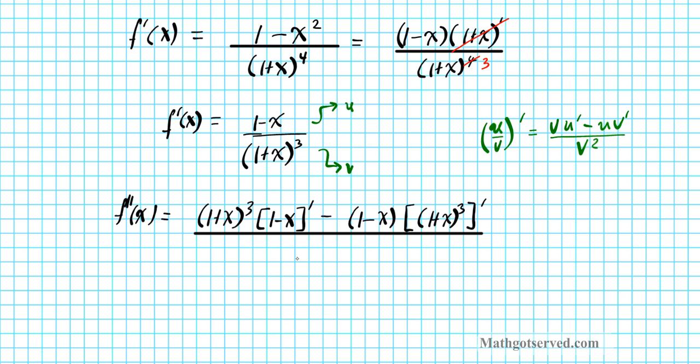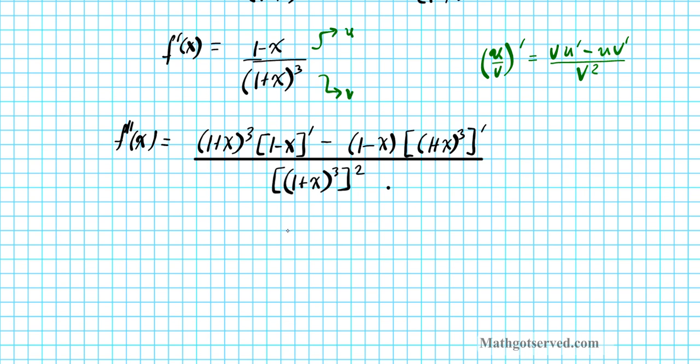Okay, so that is going to be 1 plus x raised to the third, squared the entire quantity. Okay, all right, so that's how we'll find the second derivative. So let's go ahead and differentiate and then simplify.